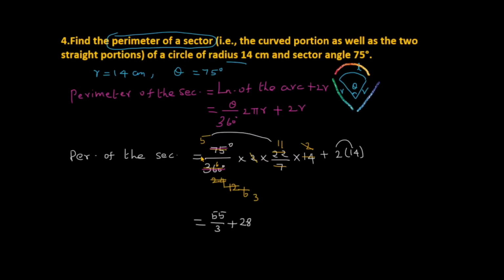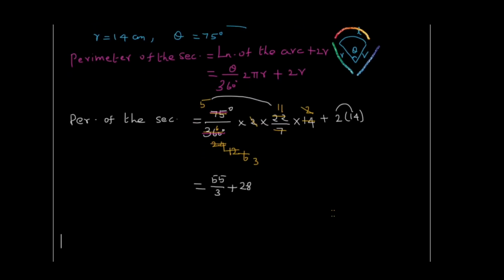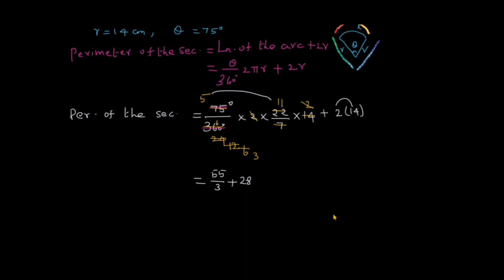Now to find the value, take the LCM. 3 is our LCM. So multiply this 28 by 3, because one is a rational number and one is a whole number. 8 3s are 24, remaining 2, 6 plus 2, 8; 84 plus 55 is 139 divided by 3.